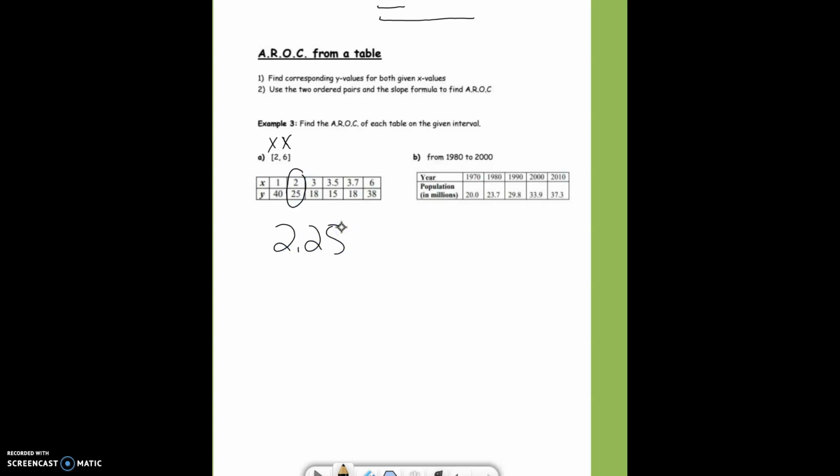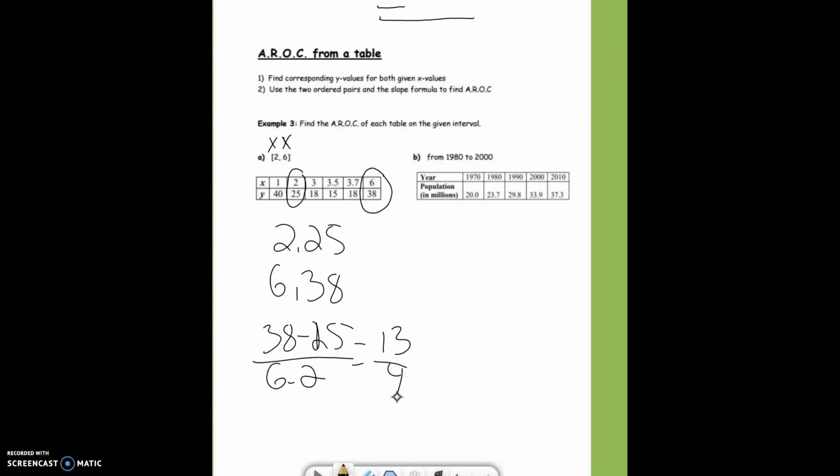And we're going from this one, which is 38. Okay, so what would that be? 38 minus 25 over 6 minus 2, which gives me 13 over 4. You can't really do much for that, so that is my average rate of change.